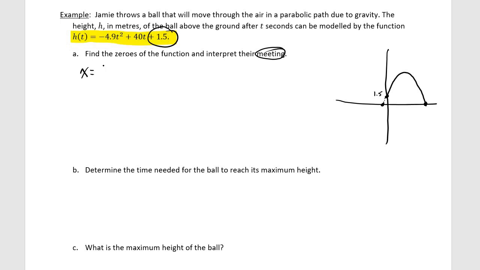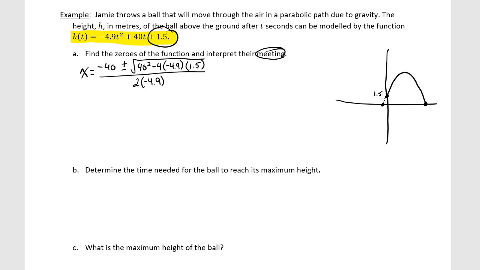So x is equal to negative b, negative 40 in this case, plus or minus the square root of 40 squared minus 4 times negative 4.9 times 1.5, all over 2 times a, which is negative 4.9. Where did I put my calculator? I'm going to need that in a minute.